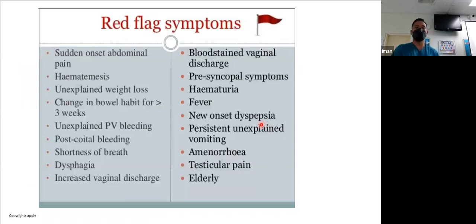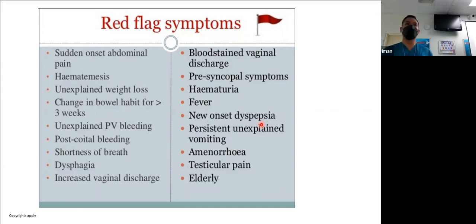Okay, next we'll go to the red flag symptoms of abdominal pain. So if patient came with sudden onset of abdominal pain, okay, ada associated hematemesis, unexplained weight loss, change in bowel habit for more than 3 weeks, unexplained PV bleeding, postpartum bleeding, associated dengan SOB, dysphagia, increased vaginal discharge, okay, ada persistent unexplained vomiting, testicular pain, and also elderly.